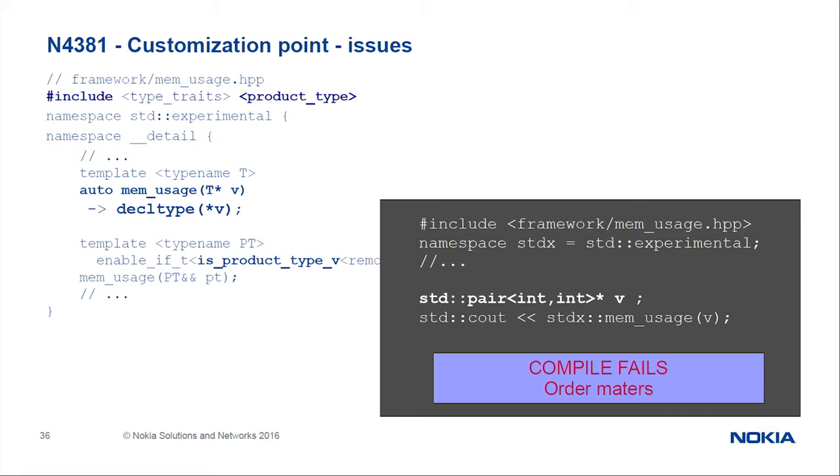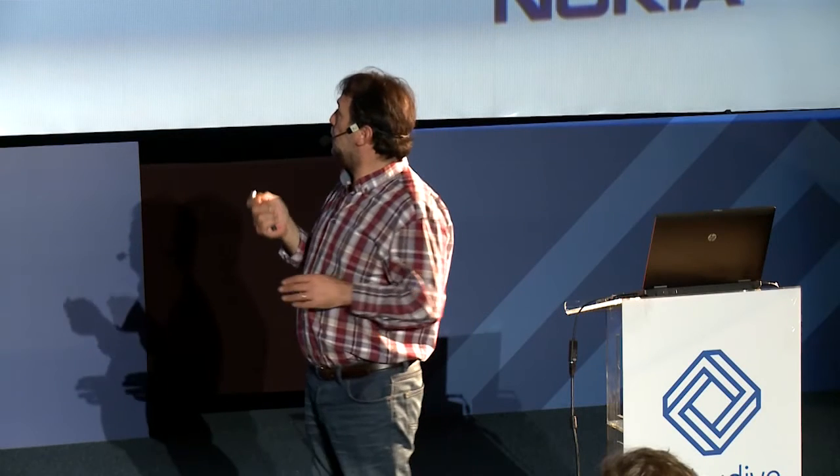We are just using the templates that are defined in the same namespace, the detail namespace. And this overload will not be found when we are expanding here. Okay? That means that the order of the specializations in this detail namespace matters.